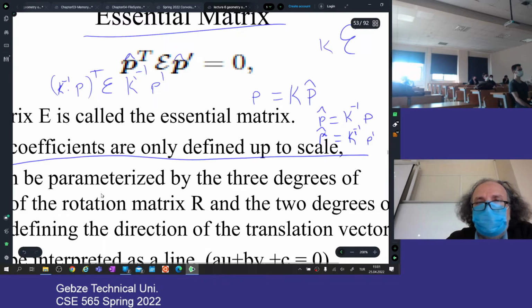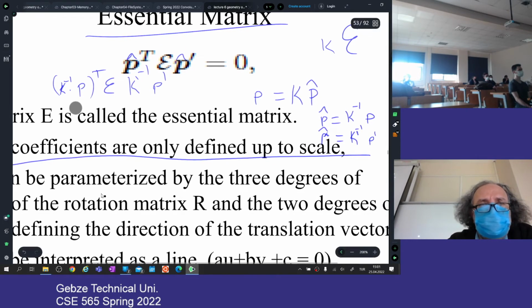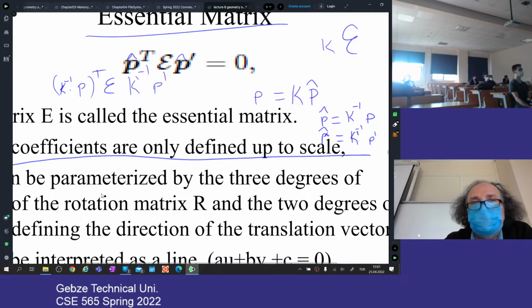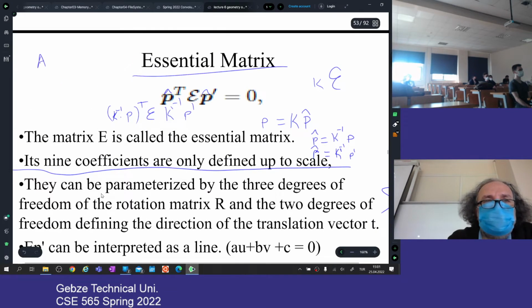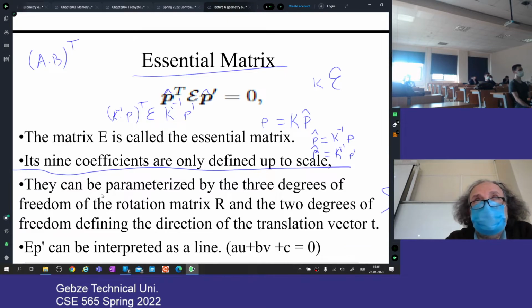and P prime, right? So how do you take the transpose of this thing? Do you guys remember? If you have two matrices A times B, how do you take the transpose of it, from linear algebra? You don't remember? Okay. It is this way: B transpose times A transpose.